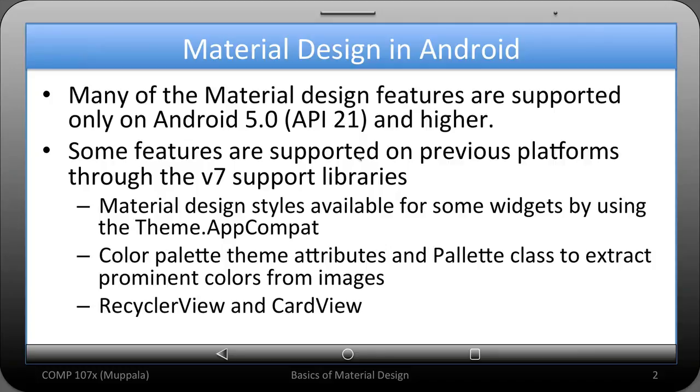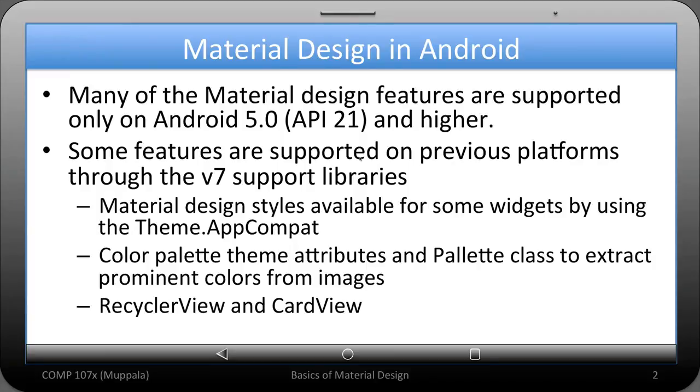Some features are supported on the previous platforms through the version 7 support libraries, and indeed in the chat client example that we saw, we are making use of the support libraries to backport some of those features to be available for earlier platforms. So we have already seen that we are using the AppCompatActivity for designing the chat client application.